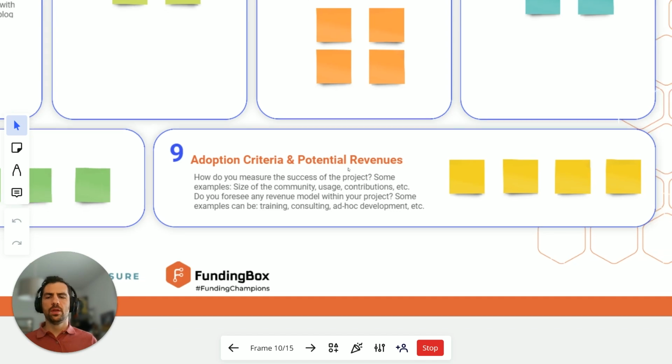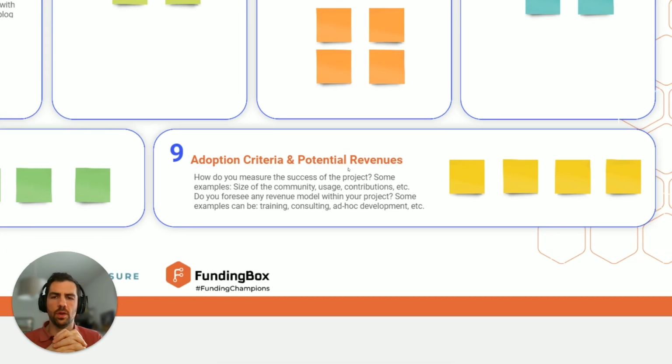And then the last section is the adoption criteria and potential revenues. So here we have put together these two, as you will see in the example that will follow. You need to be able to measure the success of a project, and you would like to do that by measuring the community, for example, the usage of your tools or solutions, how many people are contributing.